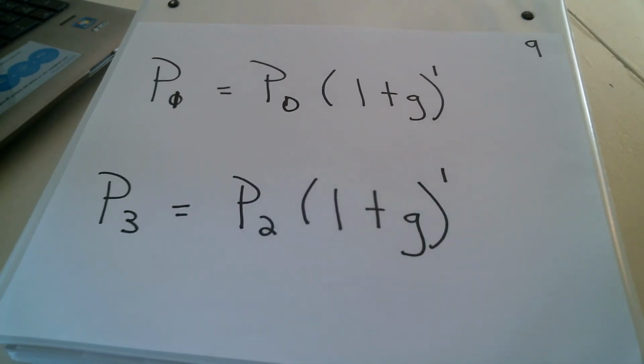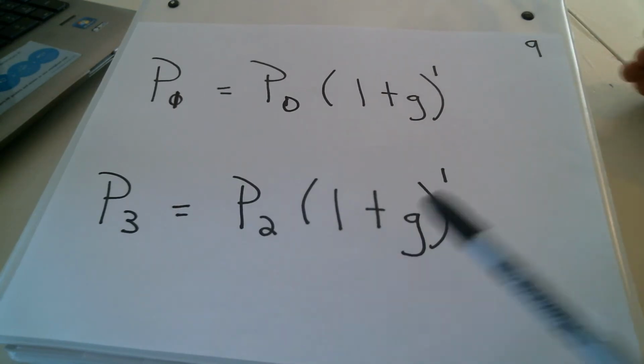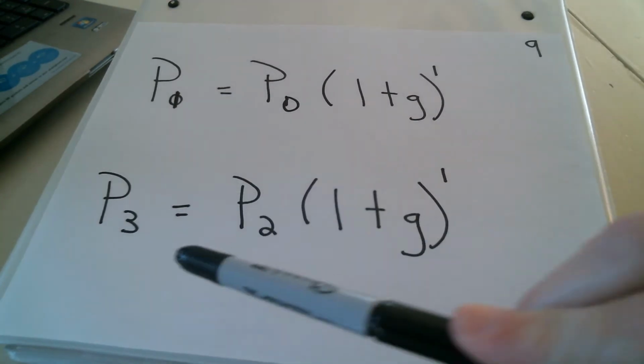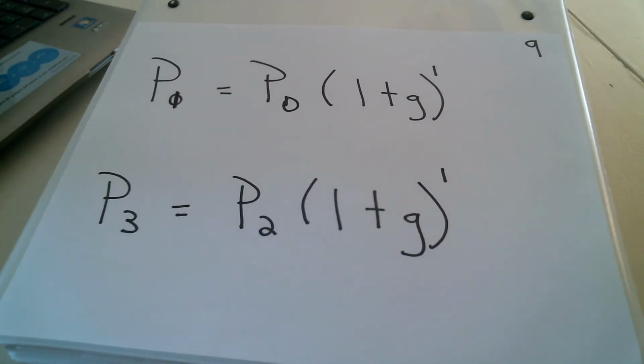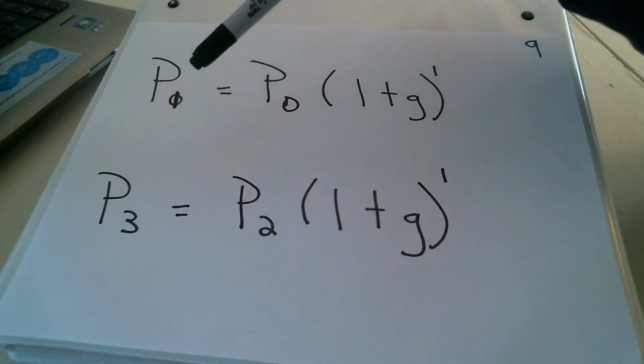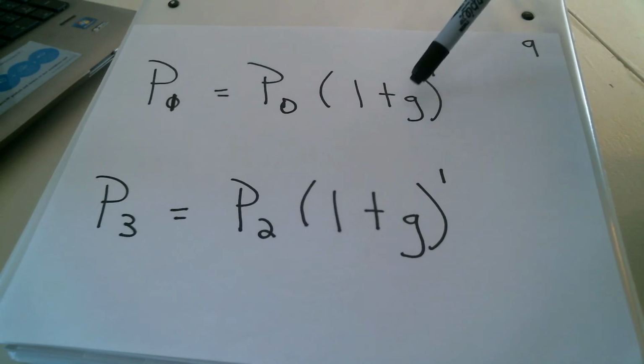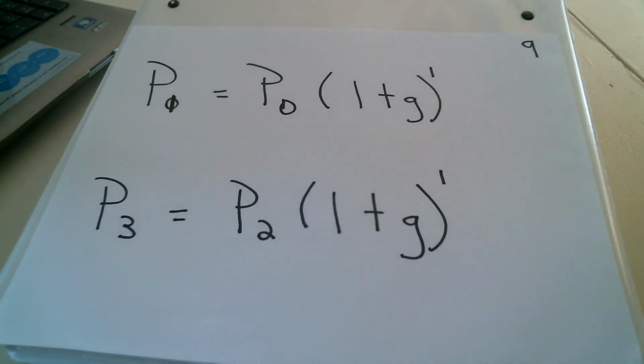If we know P2, we can come up with P3. P2 times 1 plus the growth at 1 year will deliver P3. If we want to use the optional computation method to come up with P3, we can. This would be P3 equals P0 times 1 plus the growth to the third exponent. Either way works, arrives at the same answer.